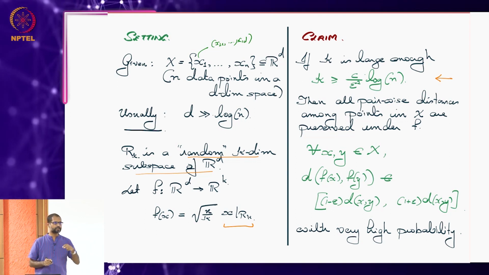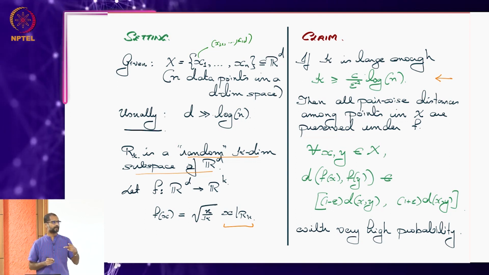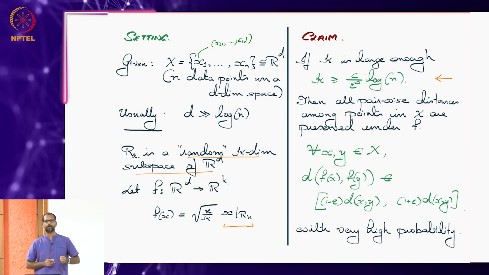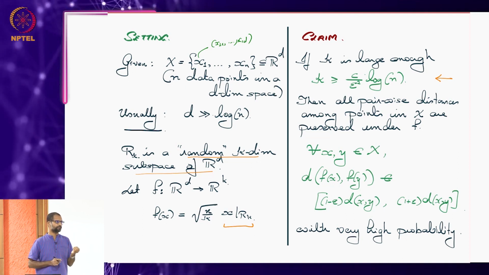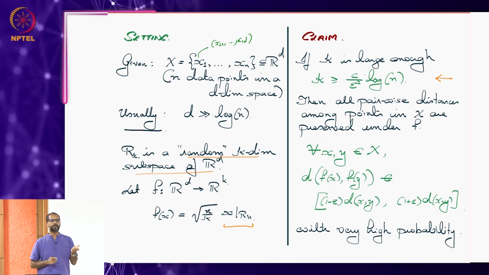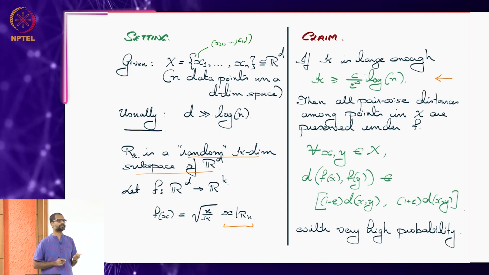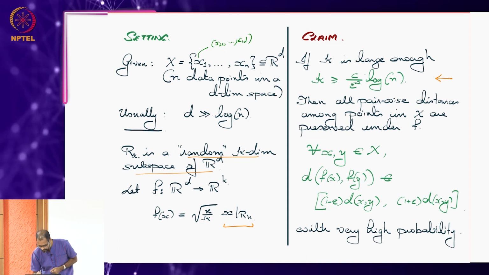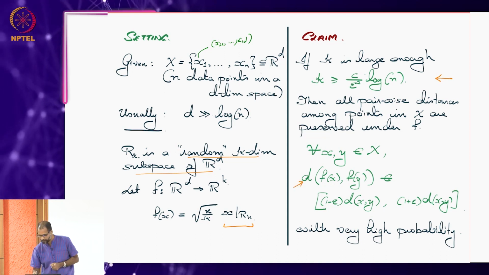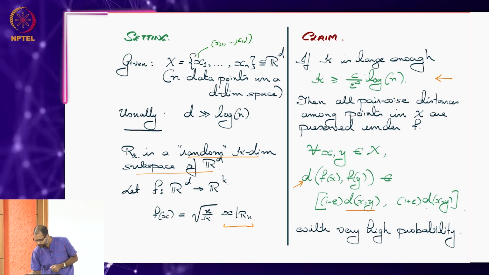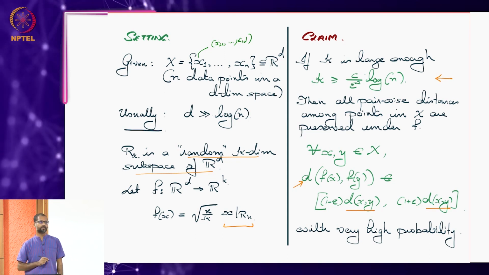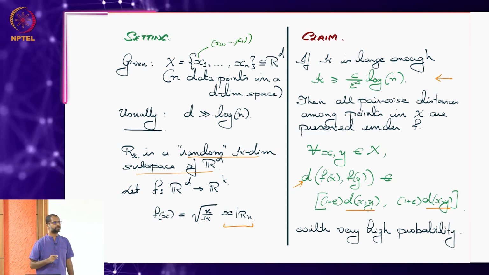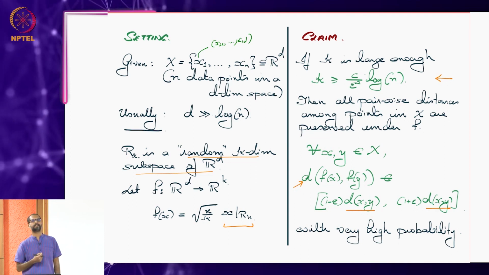I am giving these two examples to emphasize that it is a multiplicative approximation, not an additive one. The error that you will incur is also proportional to the original distance between those 2 points. So, the new distance is within 1 plus or minus epsilon of the old distance, and this happens for every one of these n choose 2 pairs.